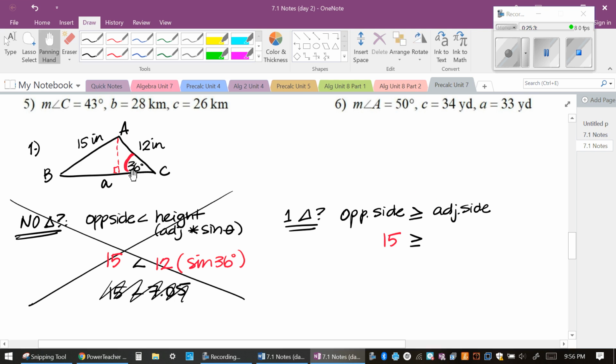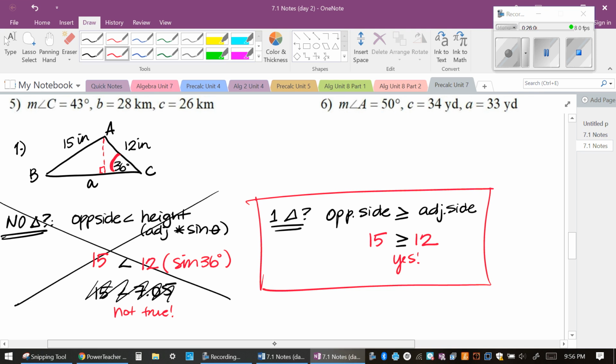Again, there are two adjacent sides, but you use the given one. Is 15 greater than or equal to 12? Yes, it is true. The previous check was not true, so that's how I knew it couldn't be that situation. If you get a true statement here, that's your answer. So this has one triangle possible.